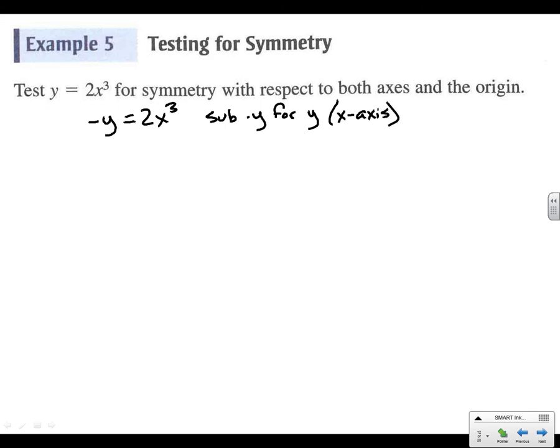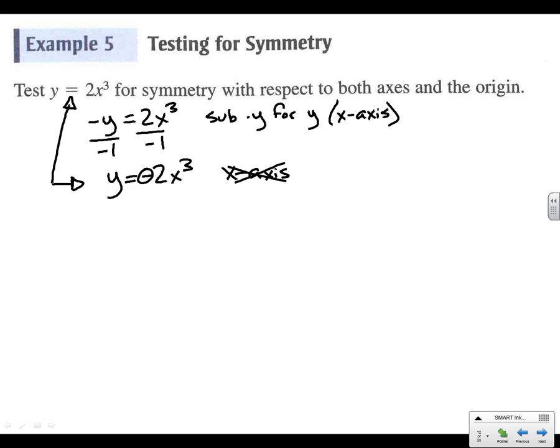Symmetry on the x-axis, we've switched the y for negative y. Let's get y by itself. So we're going to divide by negative 1, and we get y equals negative 2x cubed. Is this equation exactly the same as this equation? No, it's not because of the negative here. So we do not have x-axis symmetry.